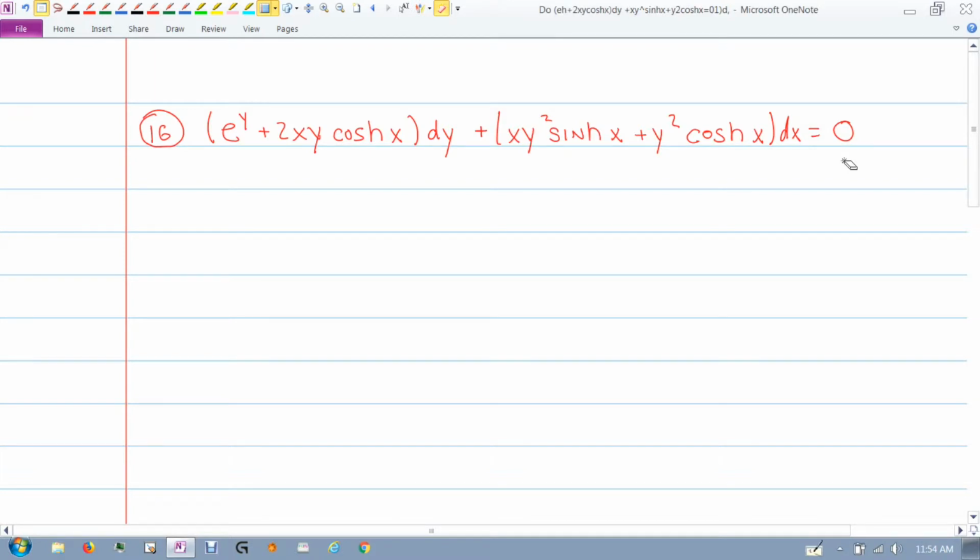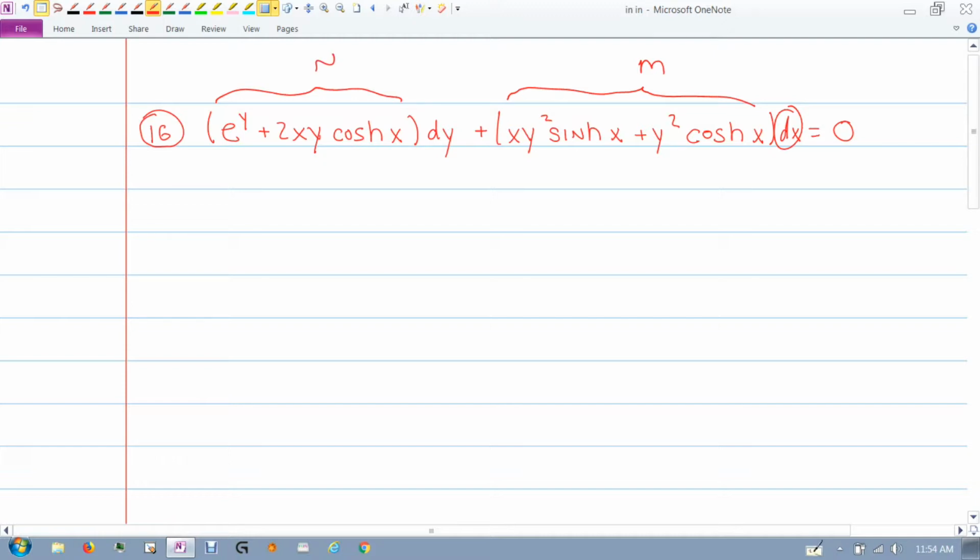And now we have something that looks a little more like the standard form that we've been using here. So the first step for us is to be careful that this is m, because it's in front of the dx, and then this one is n.